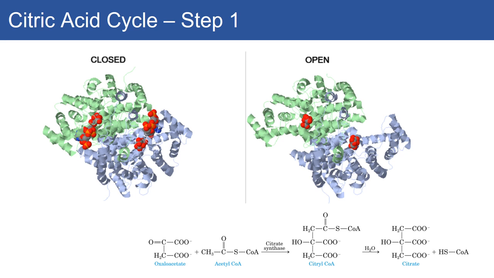Oxaloacetate is going to bind to the smaller domain of the citrate synthase, and that's going to cause the domain to tweak a little bit. And you can see the tweaking in the difference between the closed and the open forms, and it causes the oxaloacetate binding site to seal it in there and close the conformation of this homodimer.